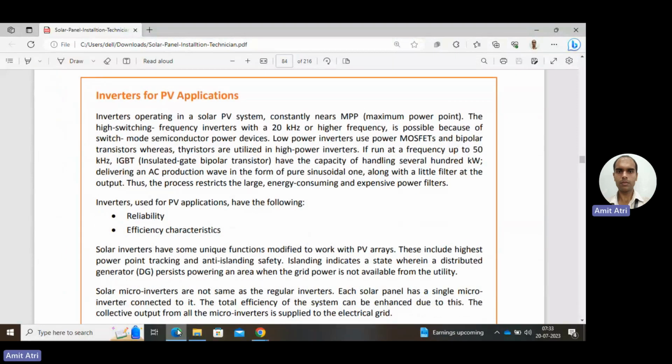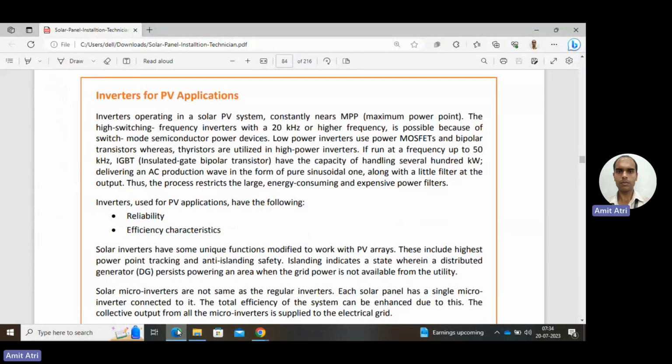Now inverters for PV application, like in our case, we are using them with solar panels. The maximum power point, as we discussed in the previous unit, is the specified point on the VI curve in the characteristics of the solar panel, which gives the maximum power output from the solar panel.